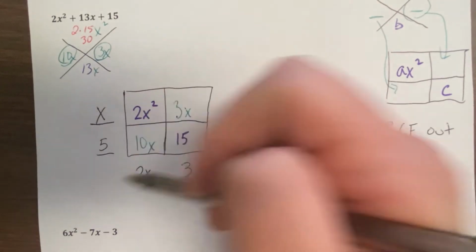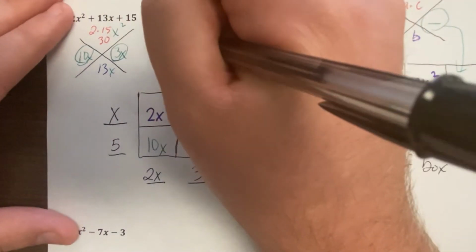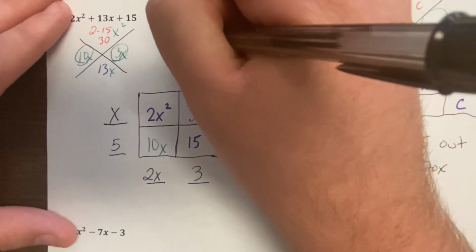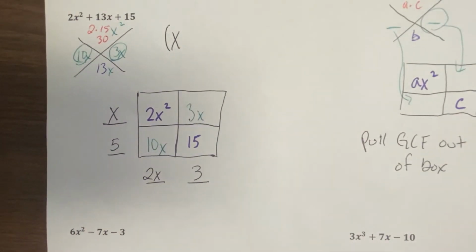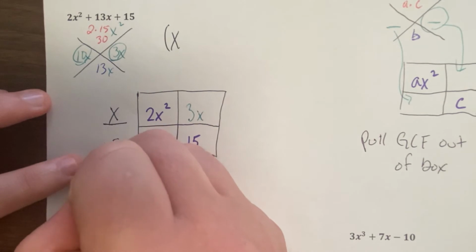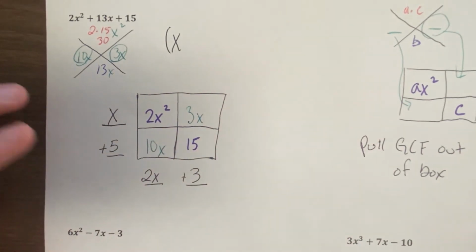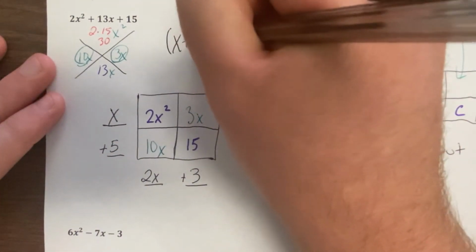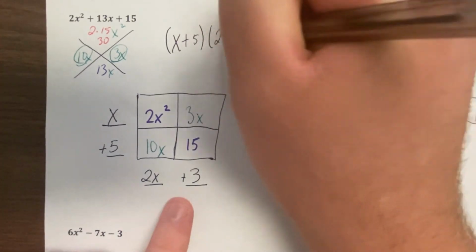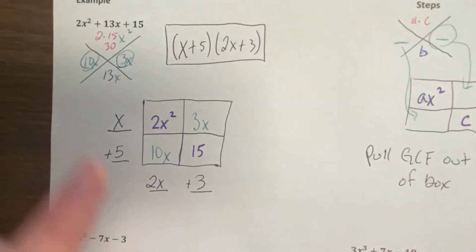Along the outside of the box is the makeup of your factors, your factored form. All of these were positive, so we didn't have to deal with any negatives. This was a positive 5 and this was a positive 3, so we can write x plus 5 and 2x plus 3. Here are the factors that make up that quadratic.